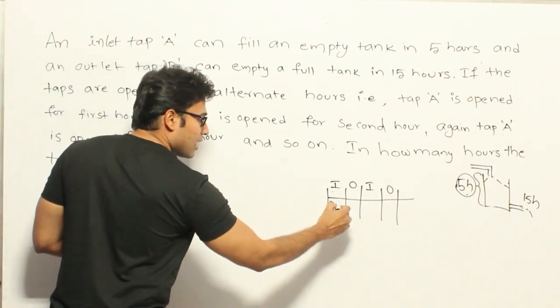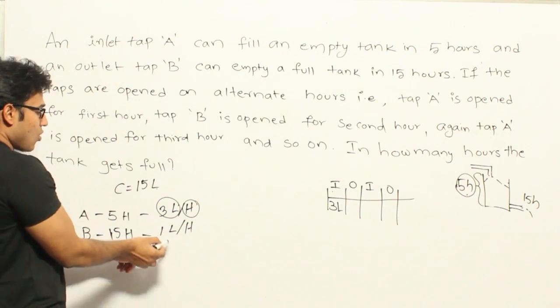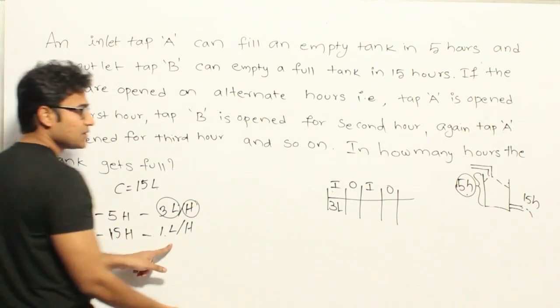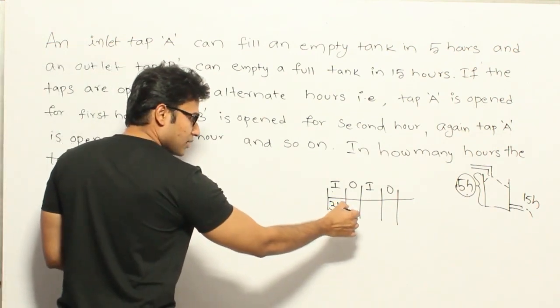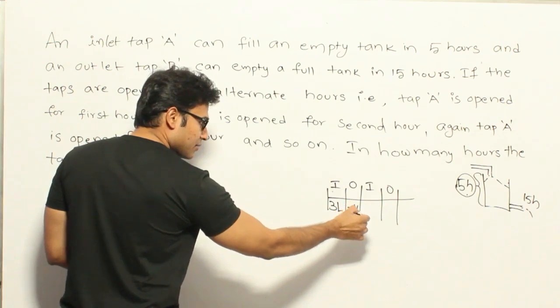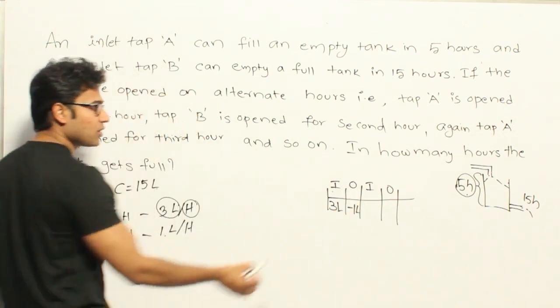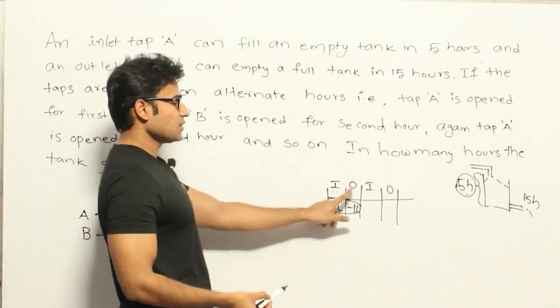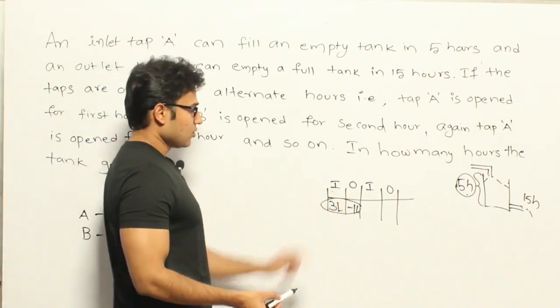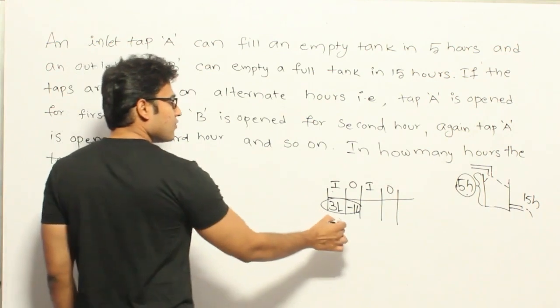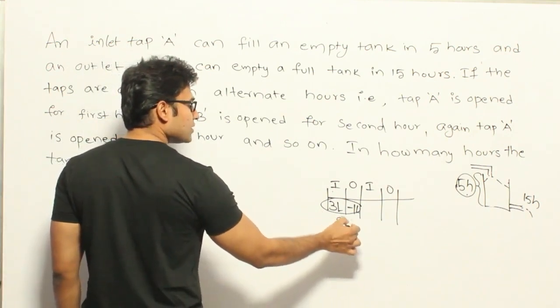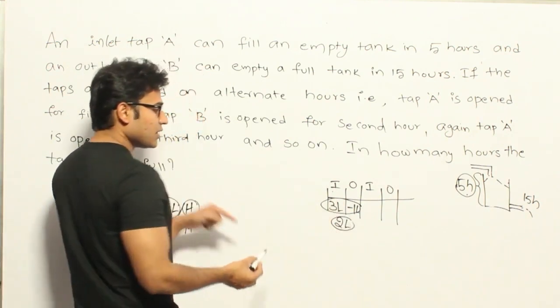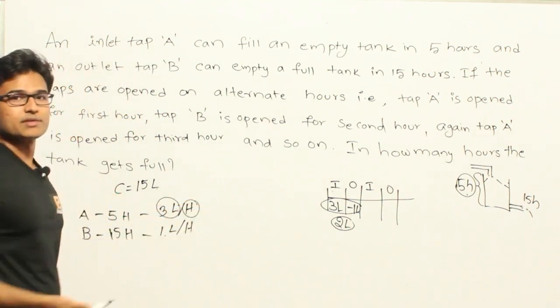In the second hour the outlet will be opened, which means there will not be any inflow but there will be outflow, emptying the tank by 1 liter. Therefore, if you let this happen for one turn, 1 hour of this and 1 hour of this, in one turn we will have 2 liters in the tank.